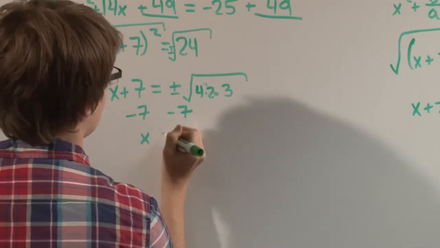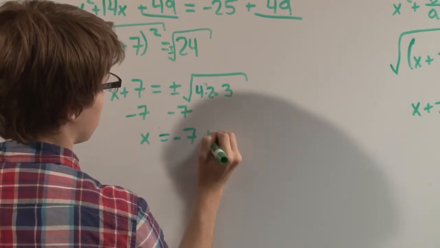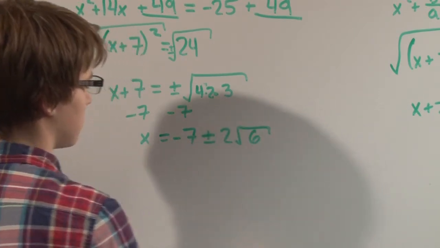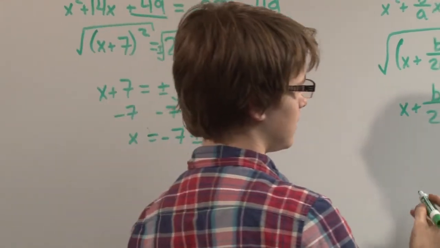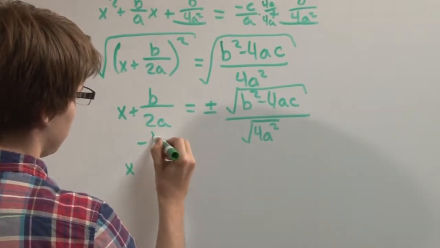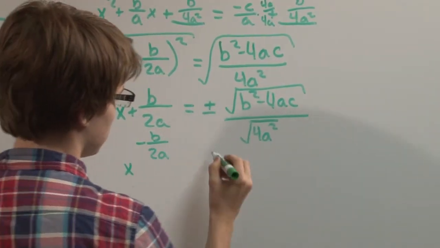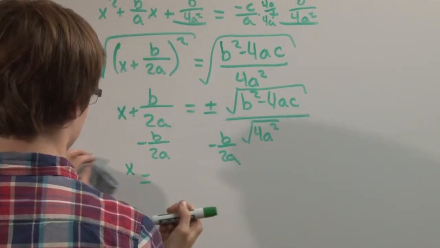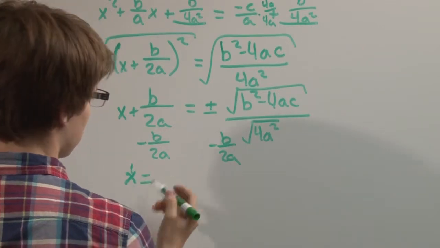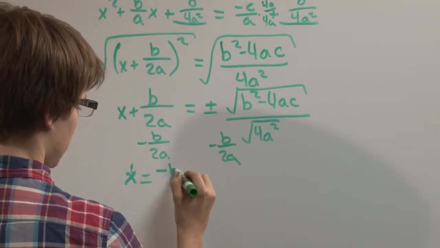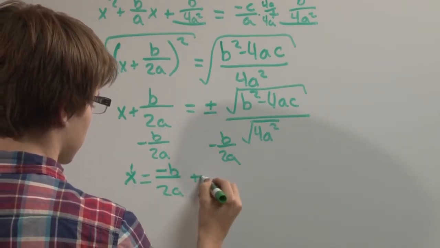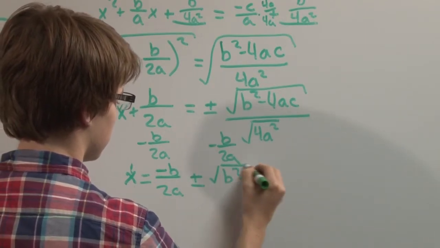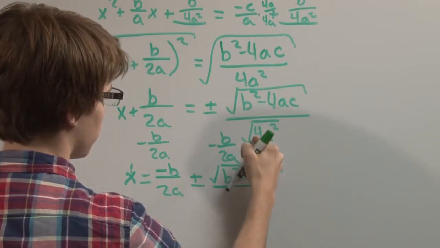So x equals negative 7 plus or minus 2 times the square root of 2 times 3 is 6. So over here, we're going to do the same thing. Subtract b over 2a from both sides. So x equals, well, negative b over 2a plus or minus the square root of b squared minus 4ac over the square root of 4a squared.